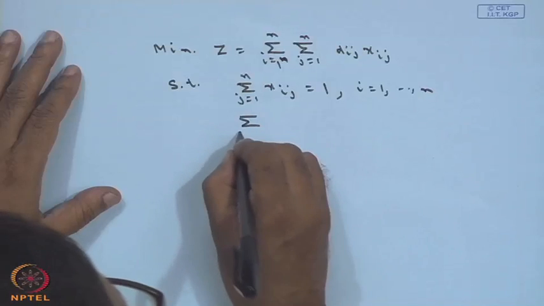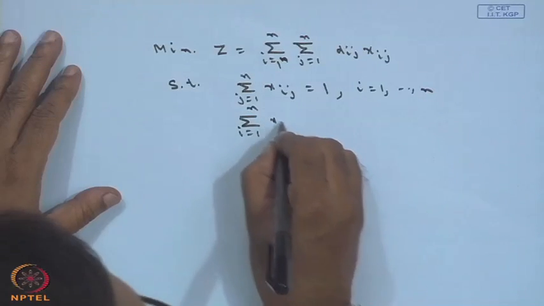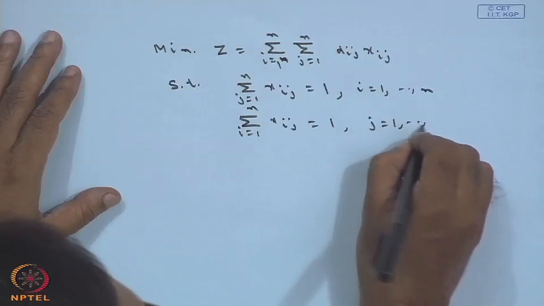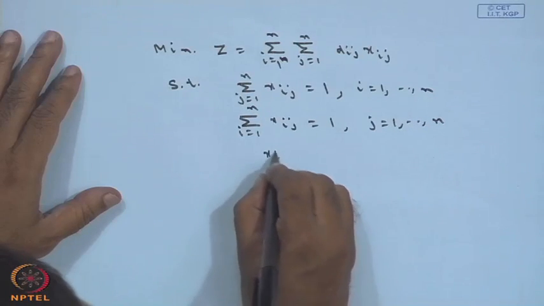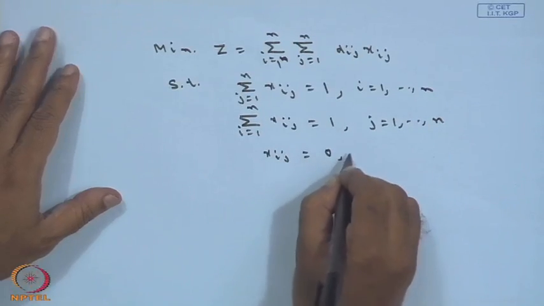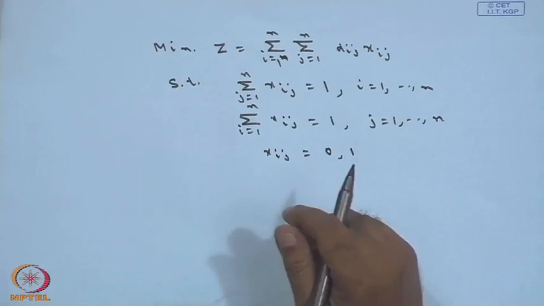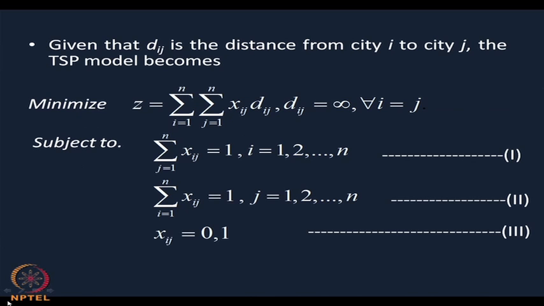Similarly, summation over i equals 1 to n, x_ij equals 1, for j equals 1 to n, and obviously x_ij, the decision variables, can take only two values, that is 0 or 1, which I have shown in the next slide.